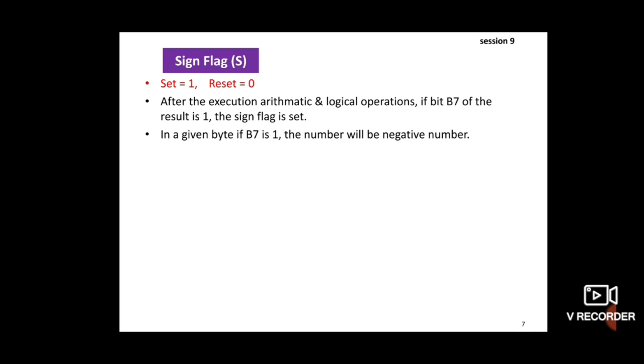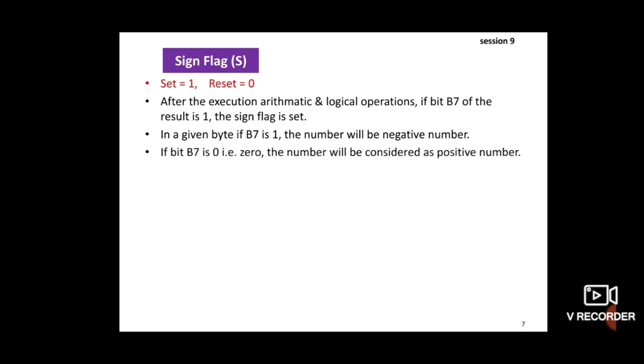Meaning at the B7 position, the number is 1, then the result will be negative. That means at the MSB. MSB means most significant bit. At which side, left or right? Left side. The left side is known as MSB and the right side is known as LSB.